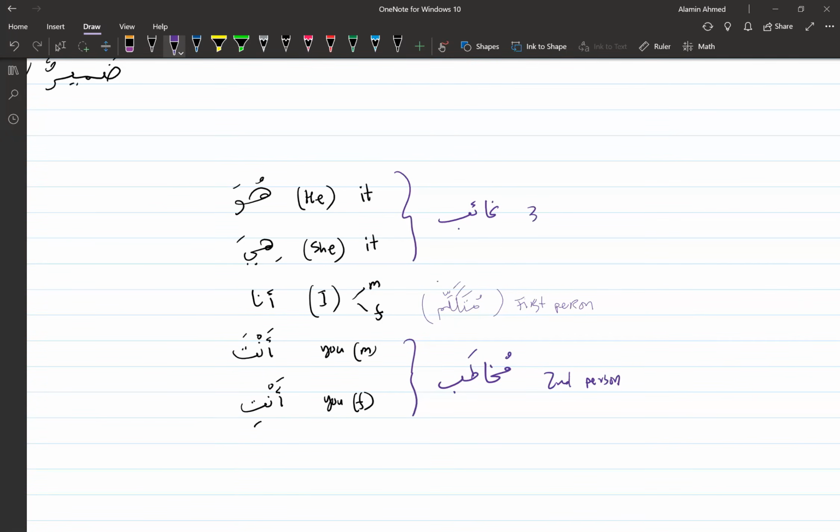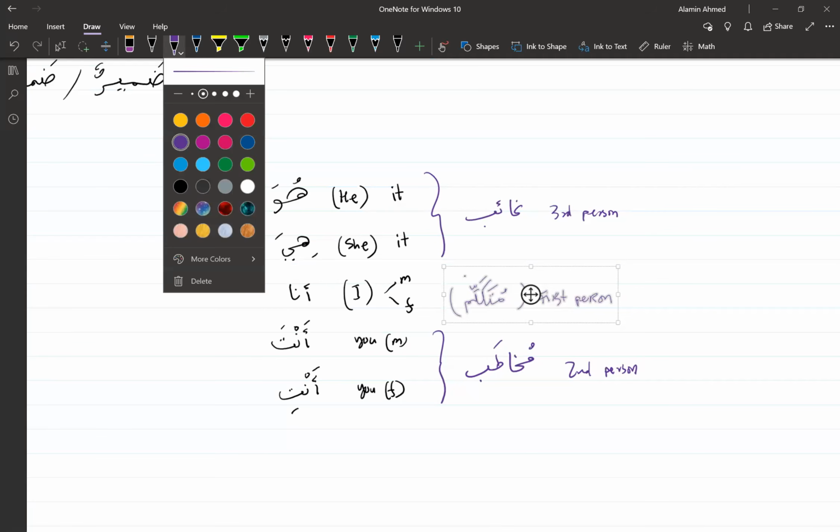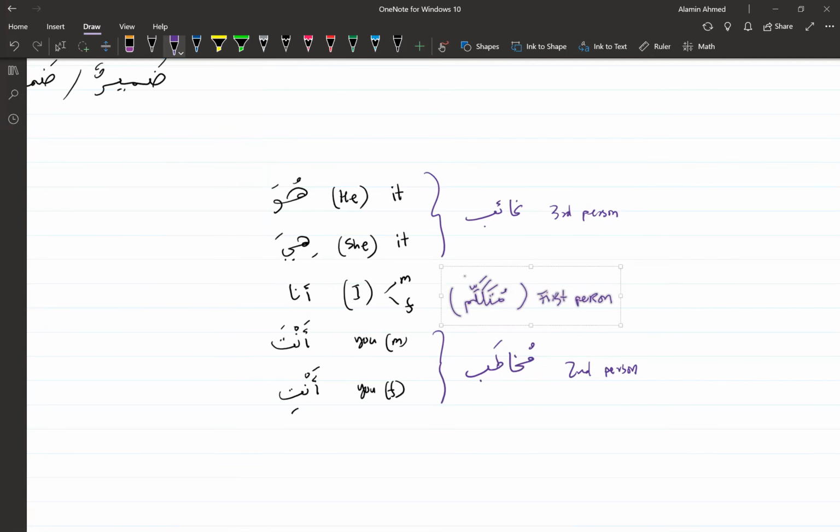Ghaib is third person. Yes. So these are the terms. It's really useful to know them because they will be used often in the future. Okay, so you have mutakallim, first person, mukhatab, second person, and ghaib is third person.